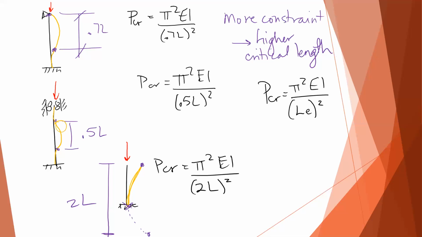So if we want to express this in terms of stress instead of load, we need to divide the critical load by the area. But recall that area is equal to the moment of inertia over the radius of gyration squared.